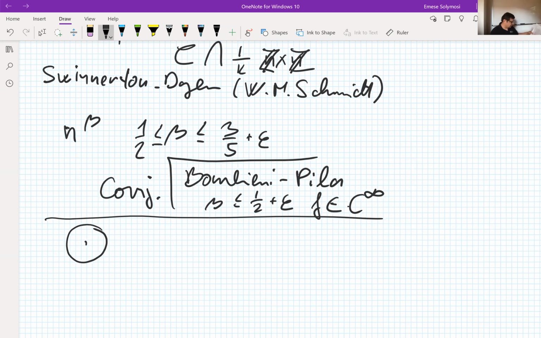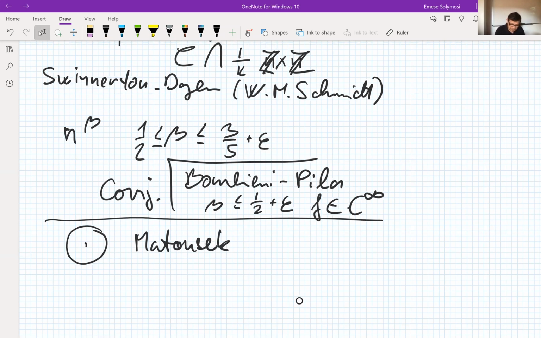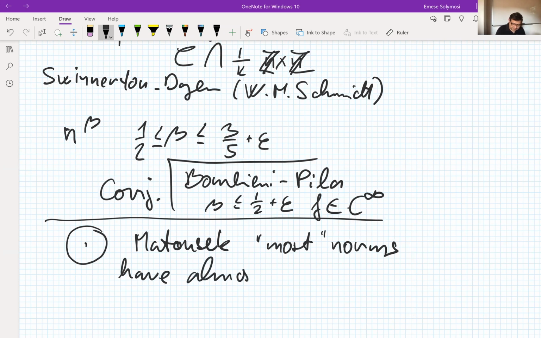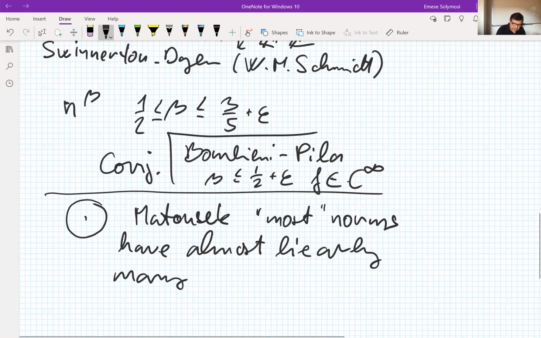before I go much further, what I wanted to say is that in this sense, there is a very nice result of Jirka, who proved that most norms have almost linearly many unit distances.